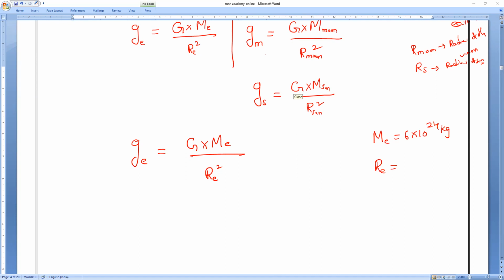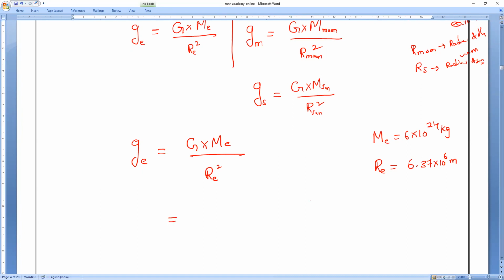Check it in the book. 6.37 into 10 to the power of 6. Meters or kilometers? Meters, sir. Okay. So that's what it is.